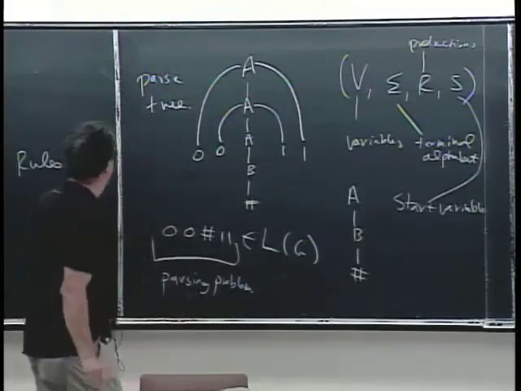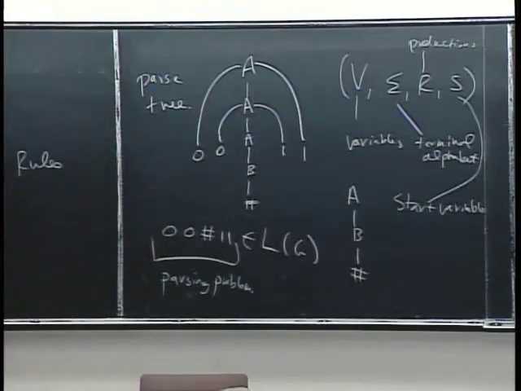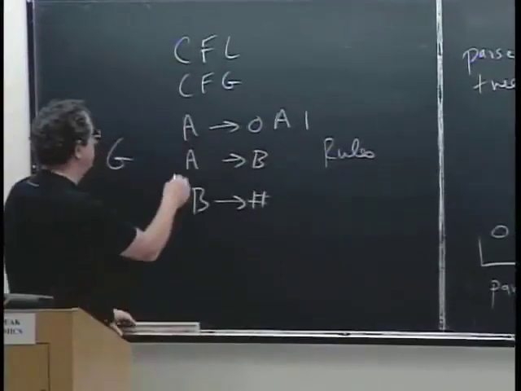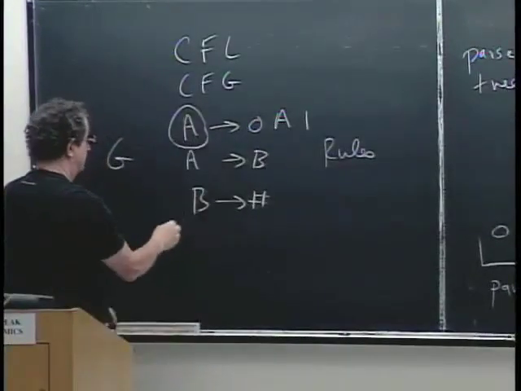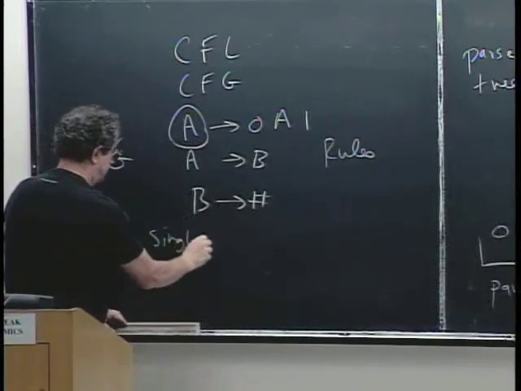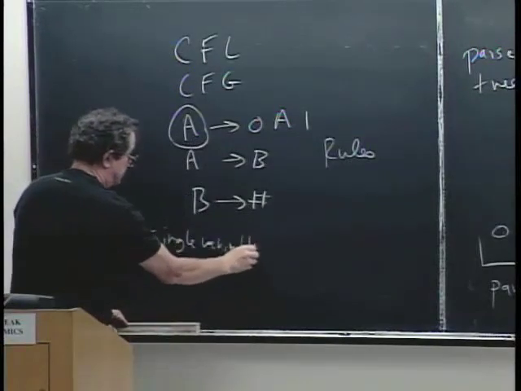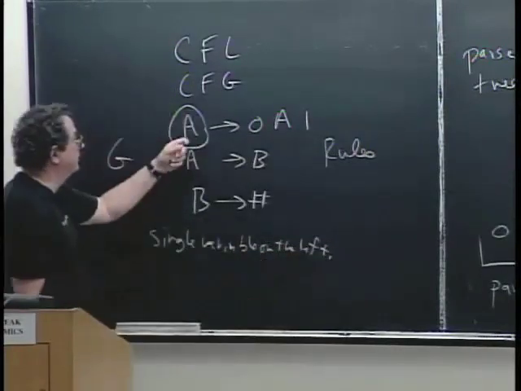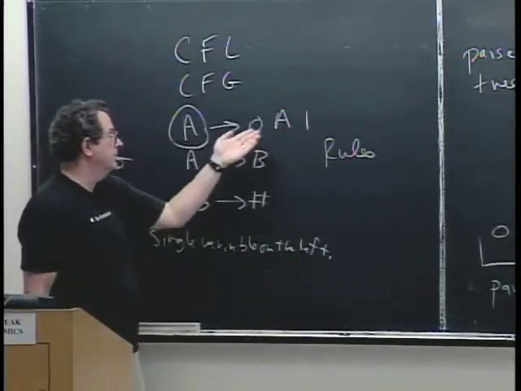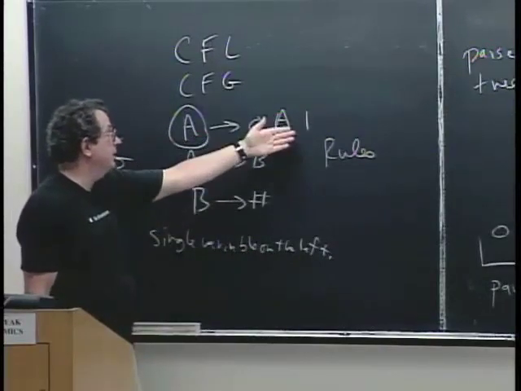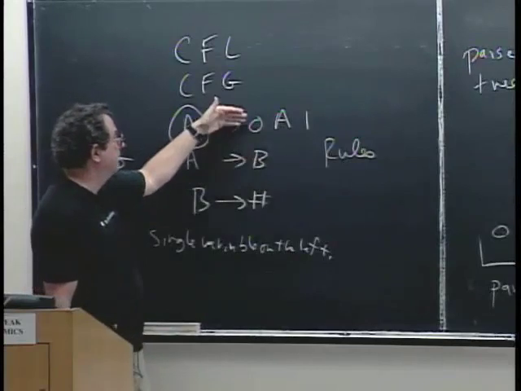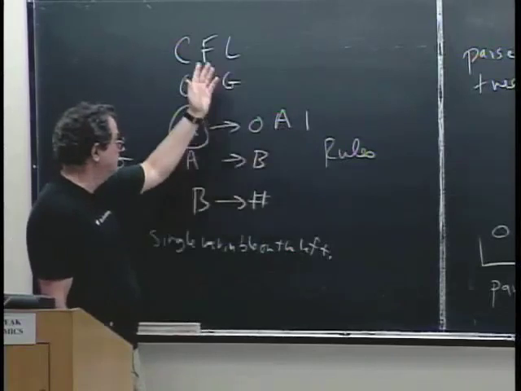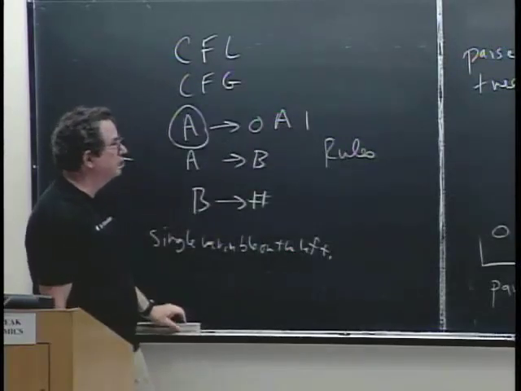Okay, so the essential ingredient to being a context-free grammar, and in fact really the only grammars I've shown you are context-free, is that you only have a single variable on the left side. So you're going from a single variable to some string here, where this string is made up of either terminal symbols or variables or some combination.